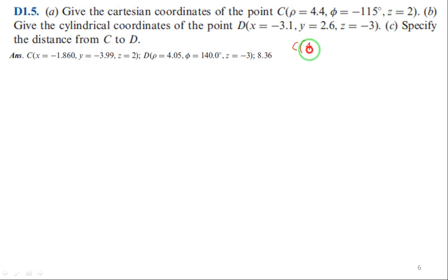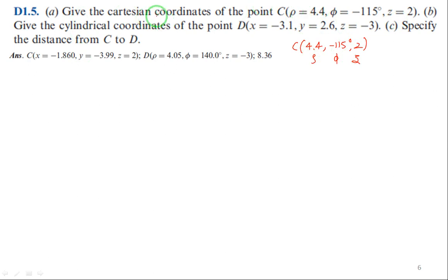So instead of giving rho, phi, z, I can simply write C of 4.4, comma, minus 115 degrees, comma, 2. No need to say this is rho, this is phi. It is understood, because if the middle one is an angle, it means this is rho, phi, z. Here they have specified it, but no need to specify.